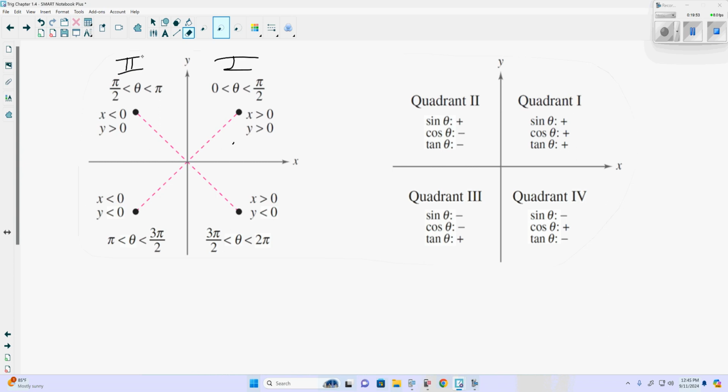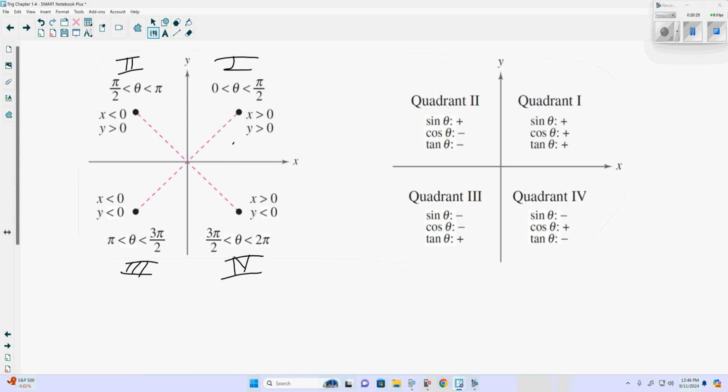Quadrant 2, x is negative, y is positive, between pi/2 and pi. Quadrant 3, both x and y are negative, and we're in the angles between pi and 3 pi/2. In quadrant 4, the x value is positive and the y value is negative. This is just rehashing how to plot a point with the x, y. And we're between 3 pi over 2 and 2 pi.